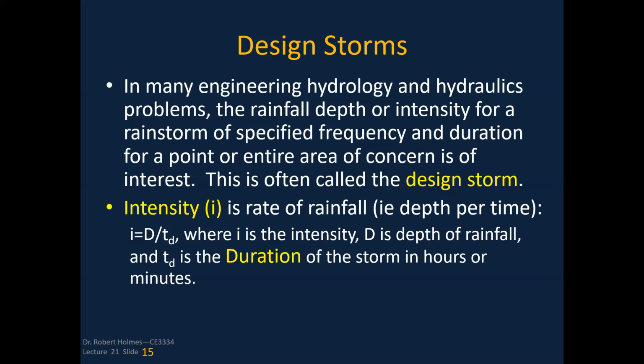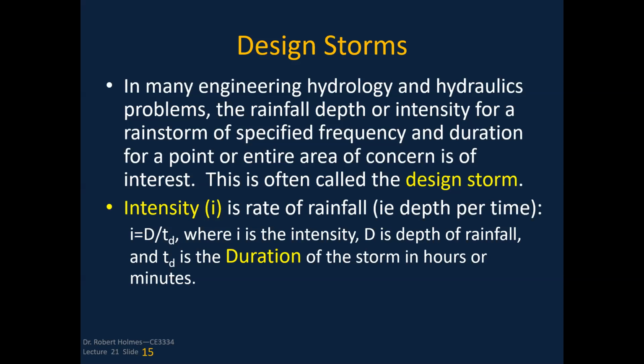Okay, so the last thing to cover here is talking about design storms. At the end of the day, we're looking to design something. And so we have to design it against some risk or some probability of some event occurring. And we use what's called the intensity, duration, frequency relationships.